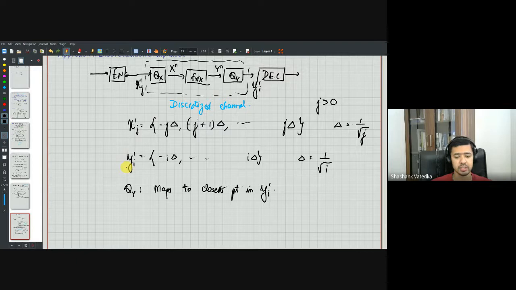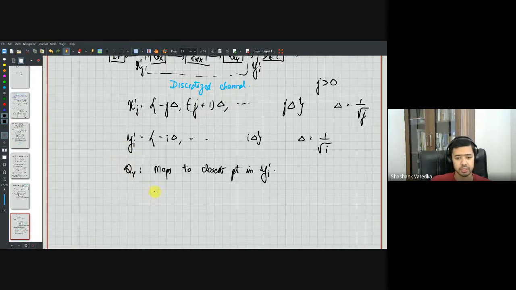And in this case, I know exactly what the capacity is, right? So let me call it C_IJ.